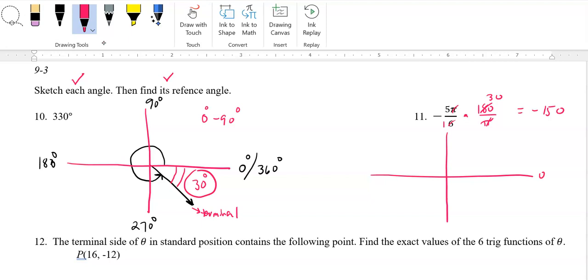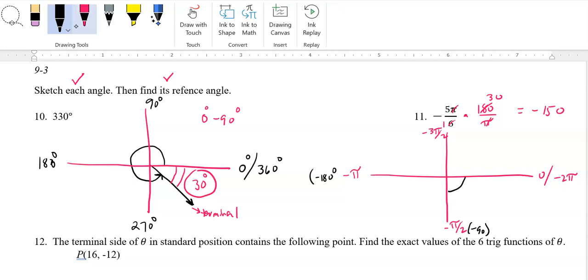Going in a negative direction, this is negative pi over 2, negative pi. This would be negative 3 pi over 2. And then all the way around would be negative 2 pi. So in degrees, this would be negative 180. This would be negative 90. So we need to sketch out negative 150.